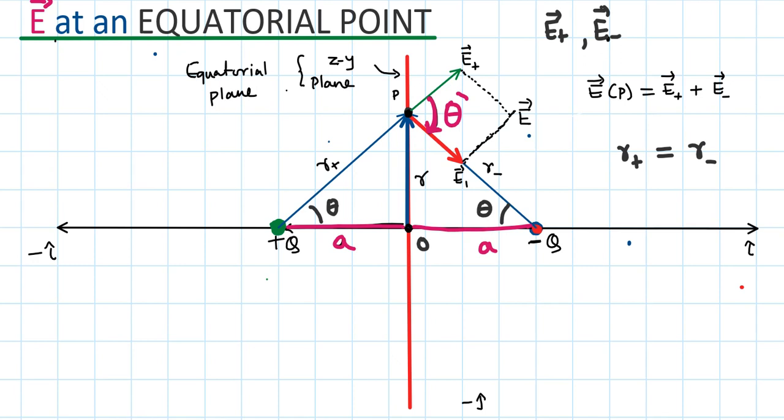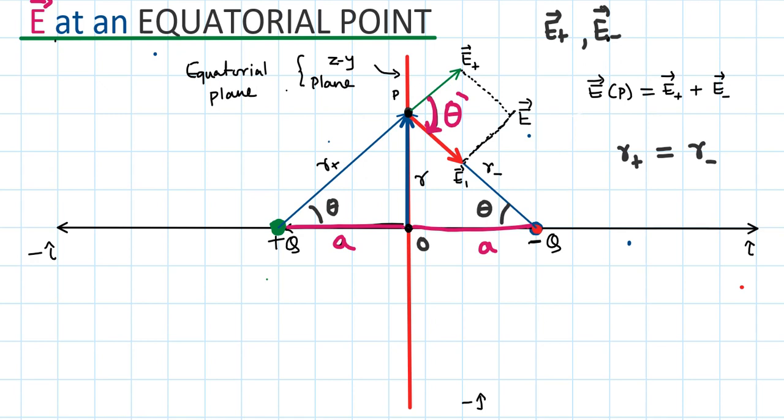But E plus and E minus have the same magnitude. Why is that the case? Because the charges involved have the same magnitude, and also the point P is at the same distance from these two charges.